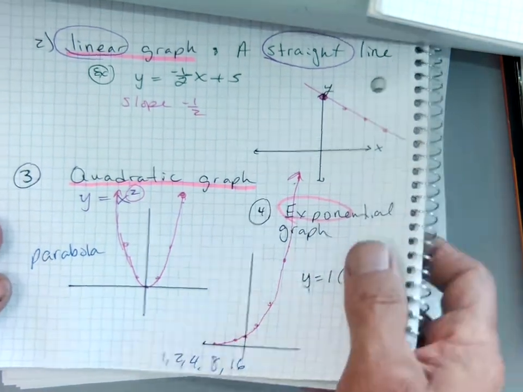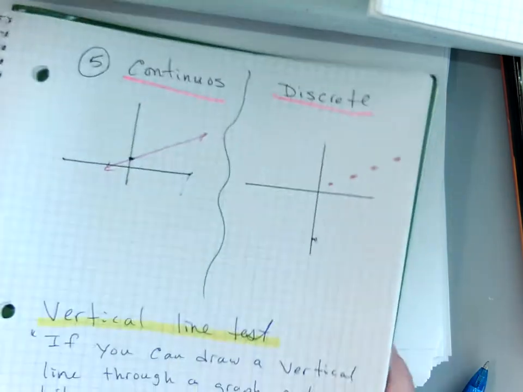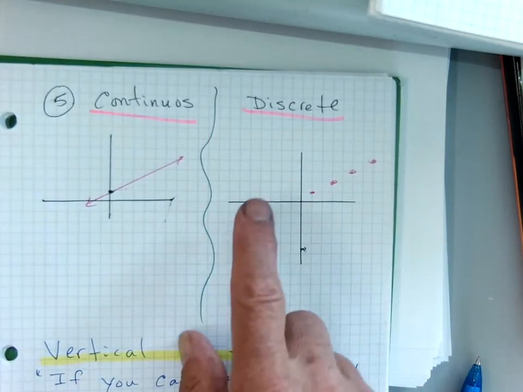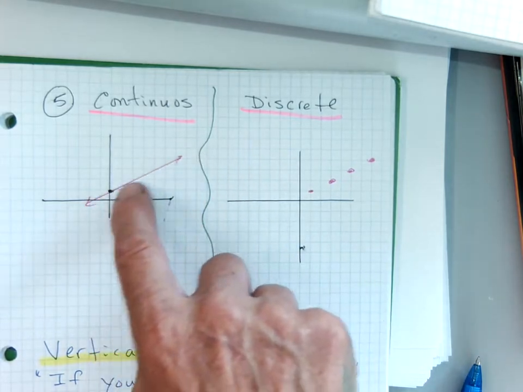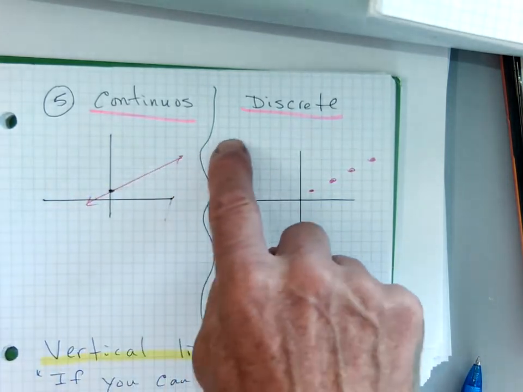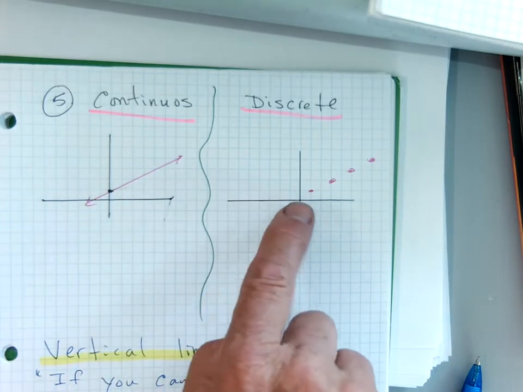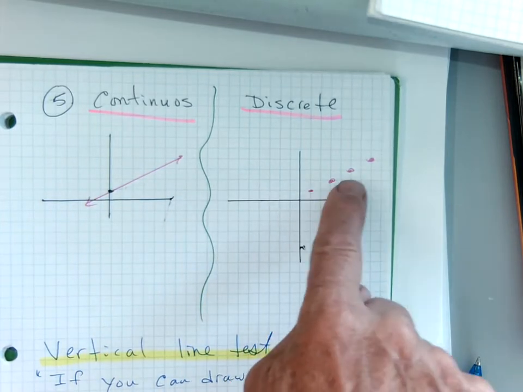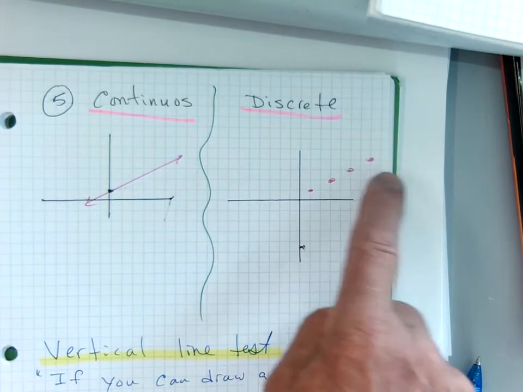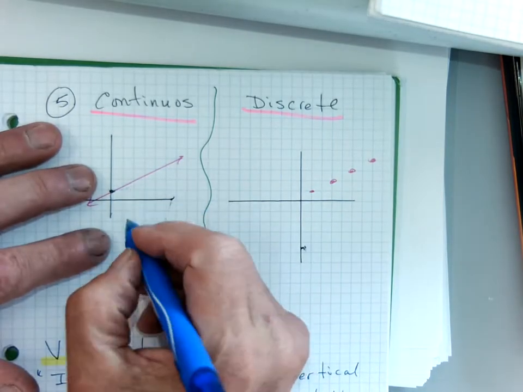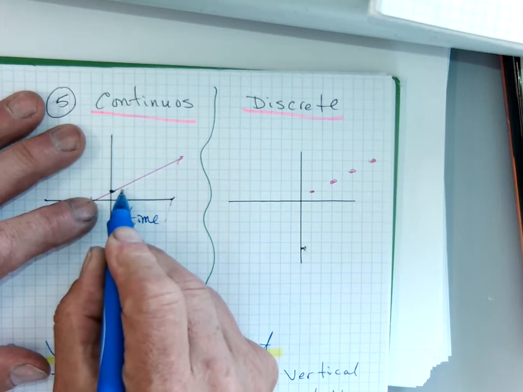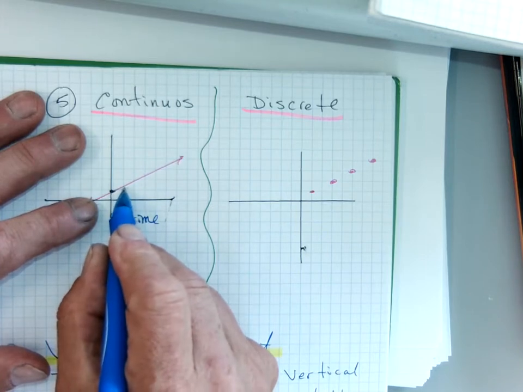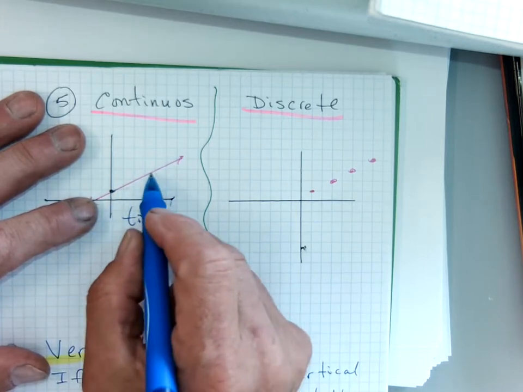In addition, we talked about 2 different types of graphs. One's a continuous graph. It just continues, has arrows, there's no gaps, it's nice and flowy. Or a discrete graph, which is just points. Why do we need this? Time could be 1 second, half a second, 1/10 of a second, 5.8 seconds.